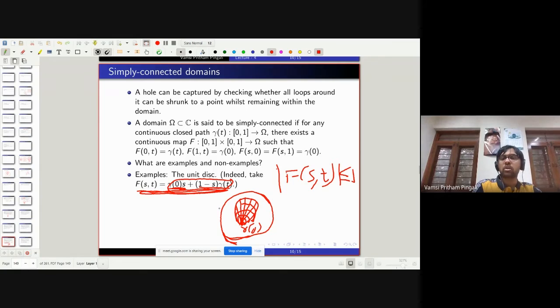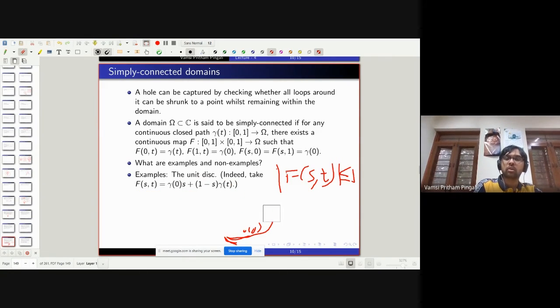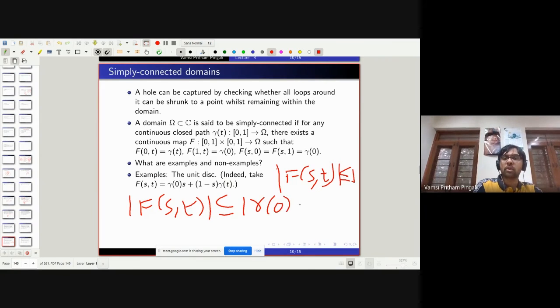Why? Because of the triangle inequality. Mod of f of s, t is less than or equal to mod of gamma of 0 times s plus 1 minus s times mod of gamma of t. So this is mod of s plus mod of 1 minus s.